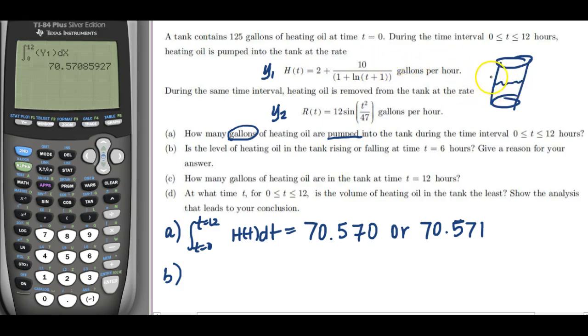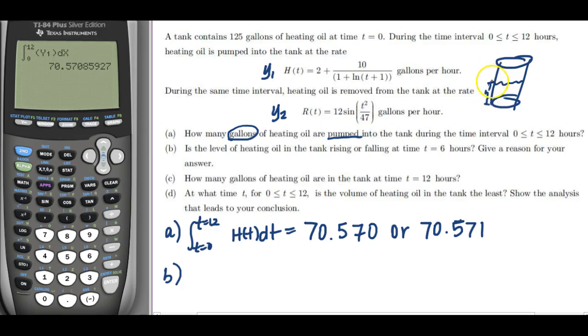So at time 6, we're trying to figure out, is the level of the heating oil rising or falling? So the level has a measurement, let's call it H. So we want to know if more oil is coming in than is going out. So if more oil is coming in at 6 hours than is coming out right at 6 hours, then the level of the oil would be rising.